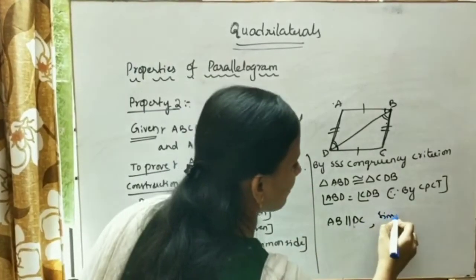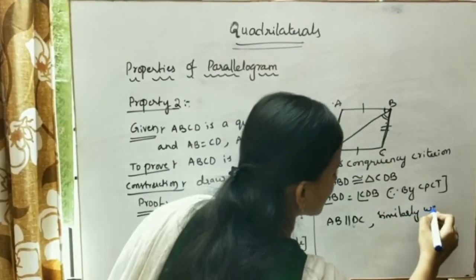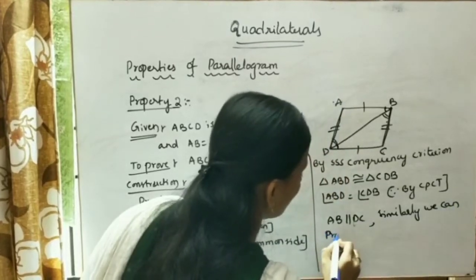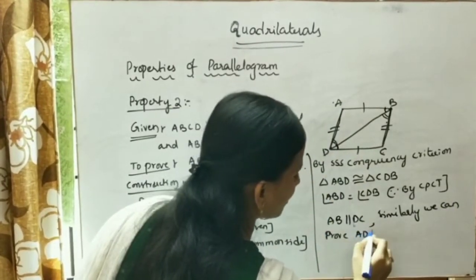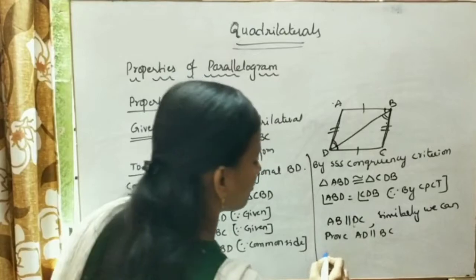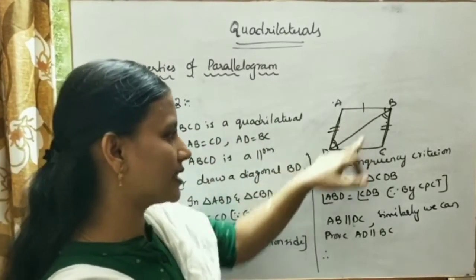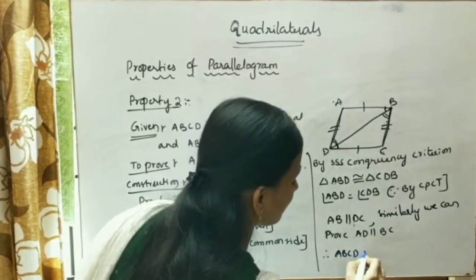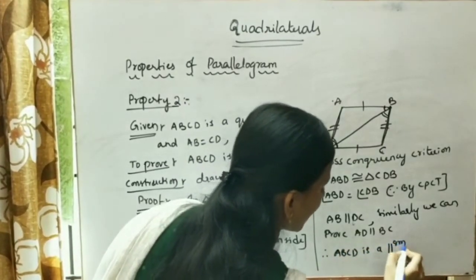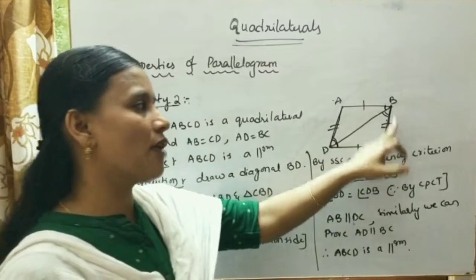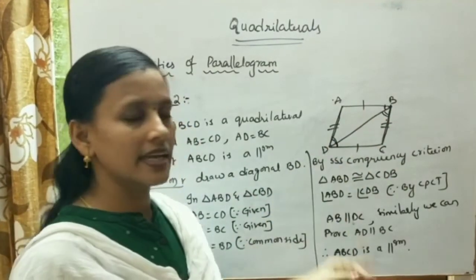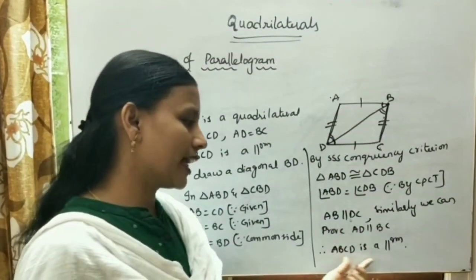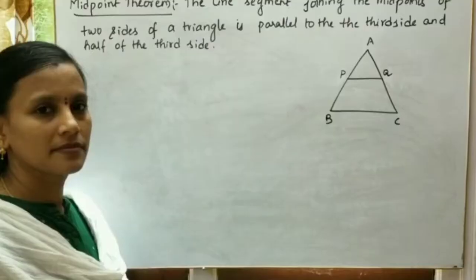So similarly we can prove AD is parallel to BC. Therefore, if AB is parallel to DC and AD is parallel to BC, then ABCD is a parallelogram. In a quadrilateral, if two pairs of opposite sides are parallel, then it is a parallelogram. Therefore, ABCD is a parallelogram.